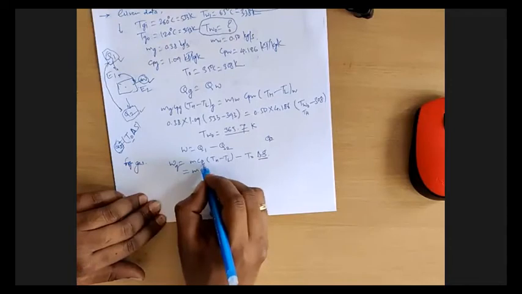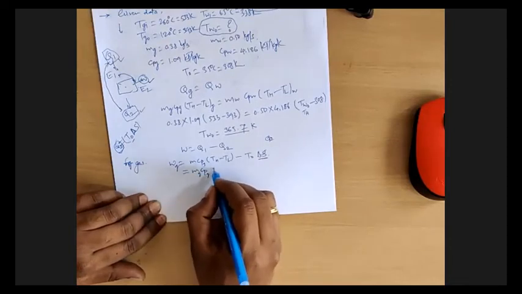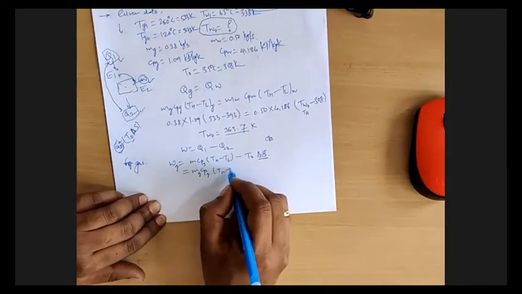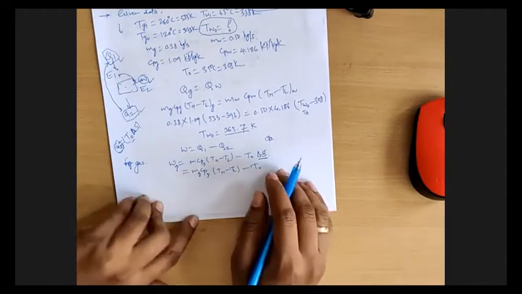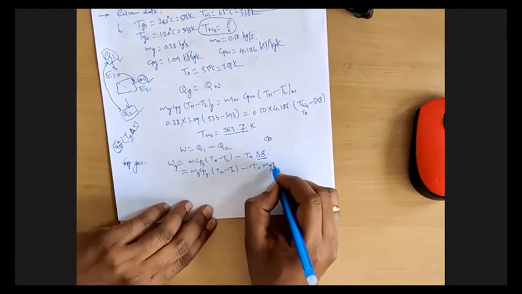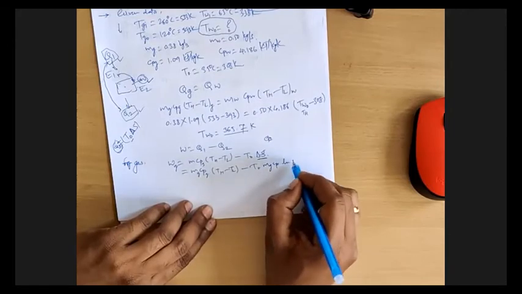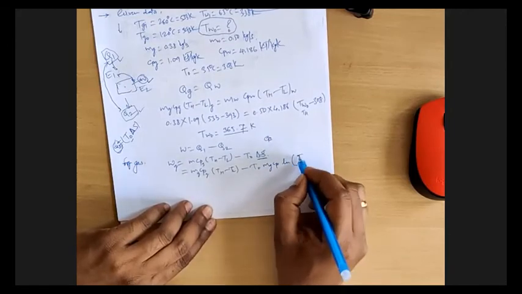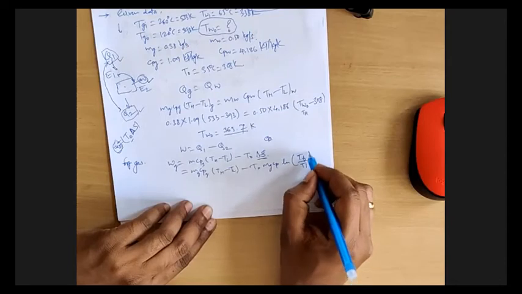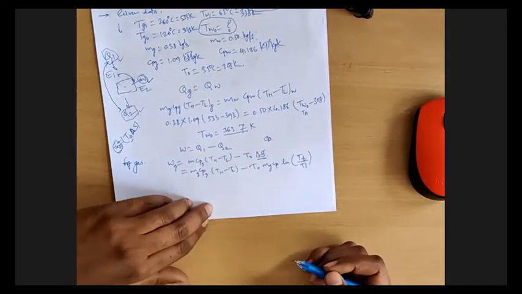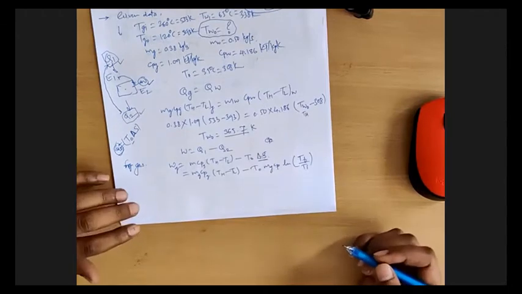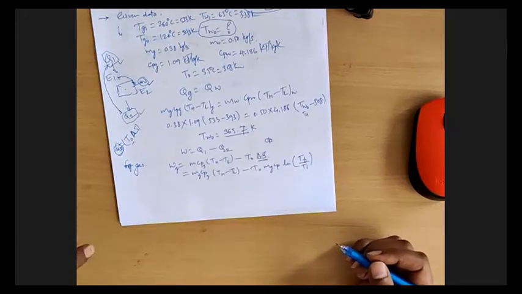So MG CPG, T higher minus T lower, minus T0 delta S, which is MG CPG ln of T final by T initial. Whenever you are calculating entropy change, you need to take final to the initial relation, not higher to the lower.